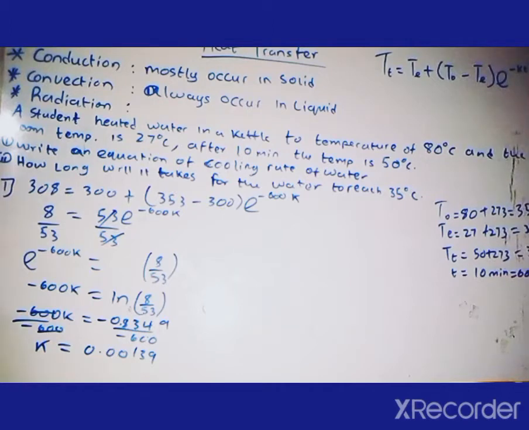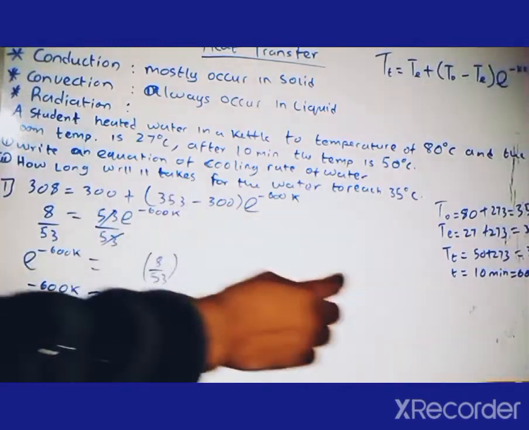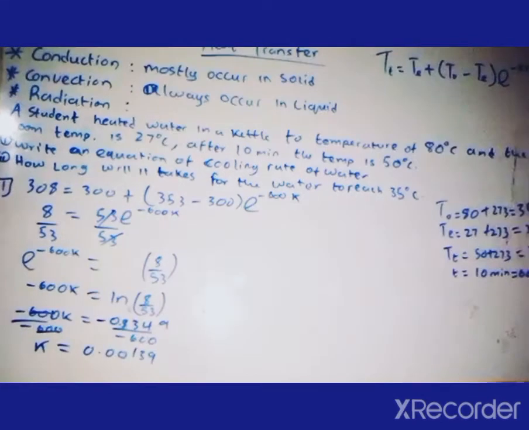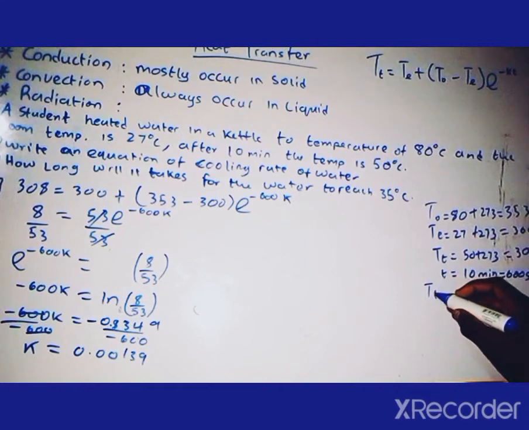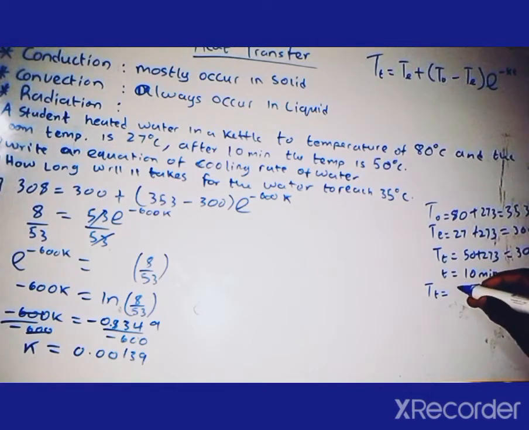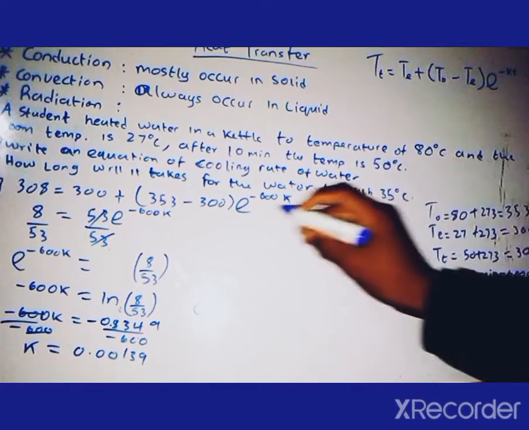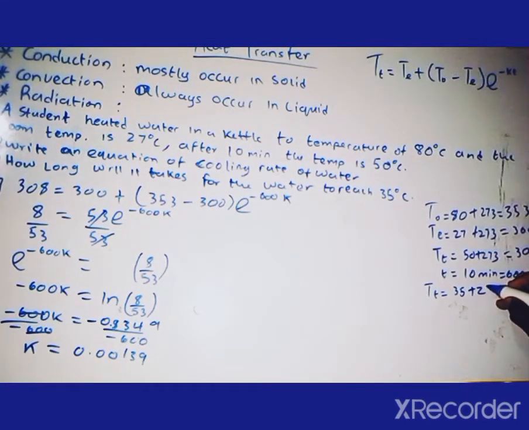Now since we've gotten our decay constant, we now come back to this, changing this 50 to 35. So now the next thing is what our new T, that is what temperature with given time, will be. 35 plus 273 will give me 308.